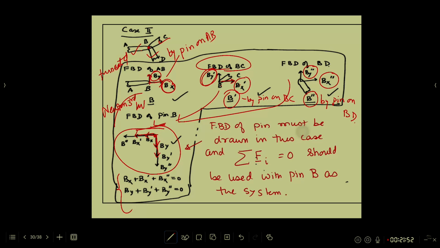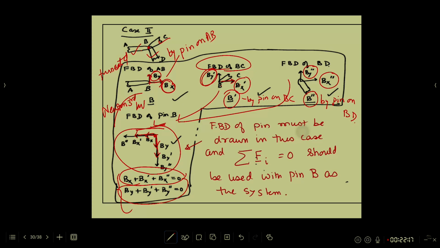Now in this case, there is no way to pretend anything else than what the reality is. The reality is that pins interact with the members, the members don't interact with each other, and that is why you will have to draw the pin FBD. You cannot escape that. Contrast this with what happened last time.